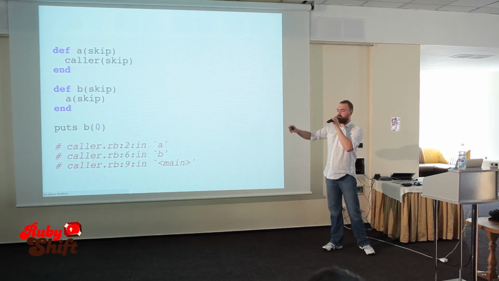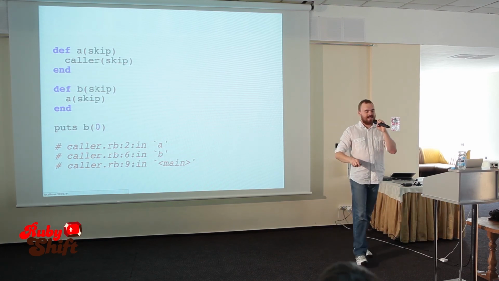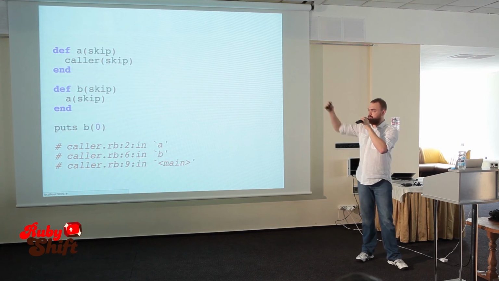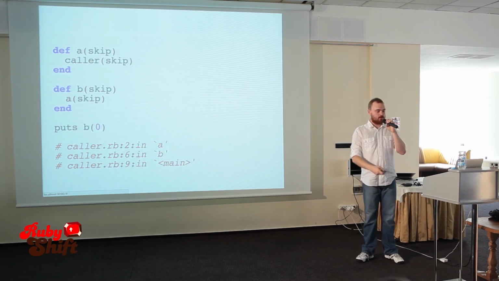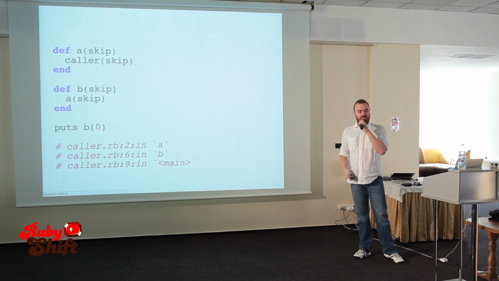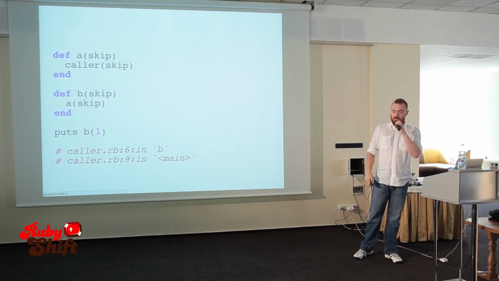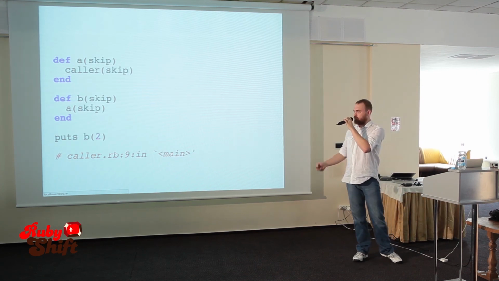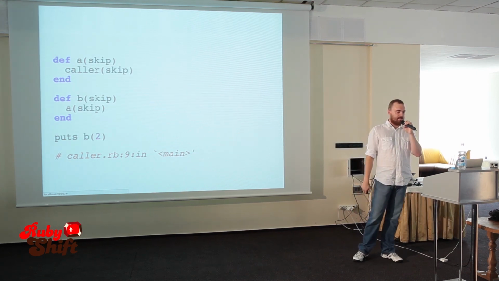There is an argument, 0. 0 means how many lines from the bottom or from the top we should skip. So if we pass 1 instead of 0, it will omit the first line. If we pass 2, it will omit the last line.